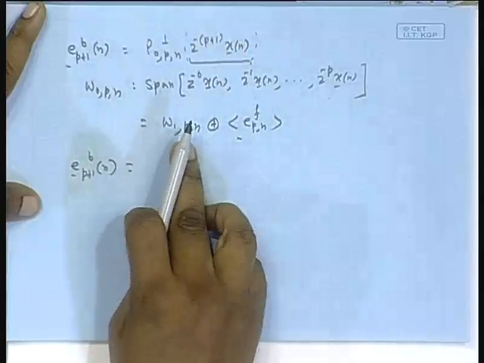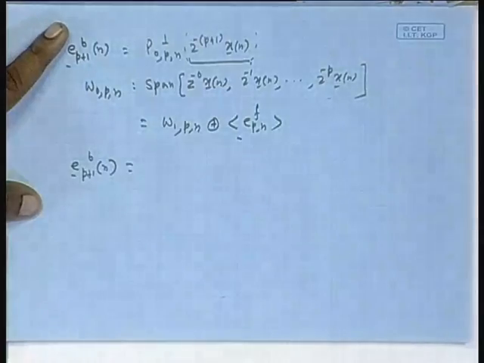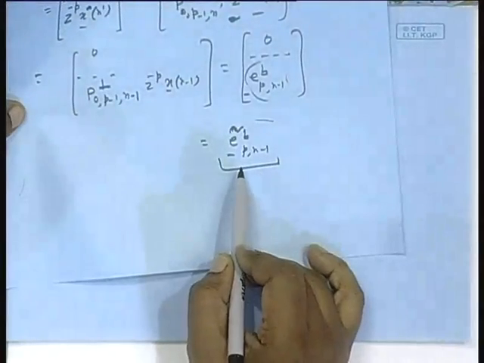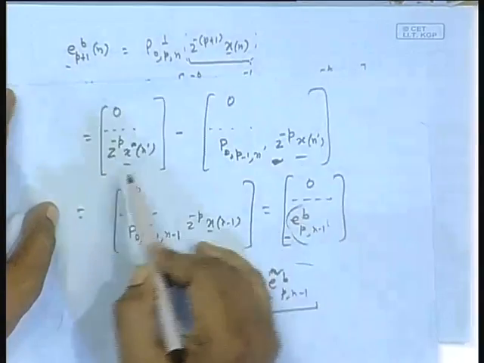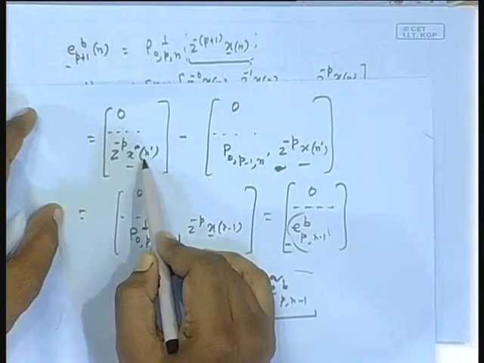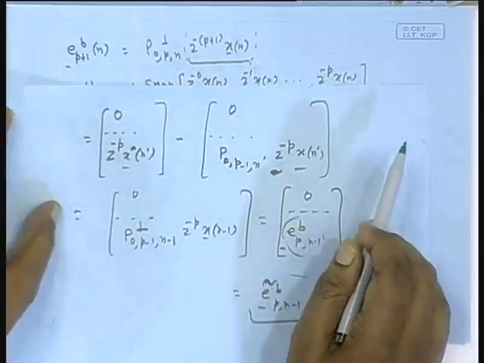If you take this and project on this, we have seen it here, we have seen it there, you will get this component. z to the power minus p plus 1 xn is this, which is 0, and z to the power minus p x n minus 1, which I call n prime, isn't it?